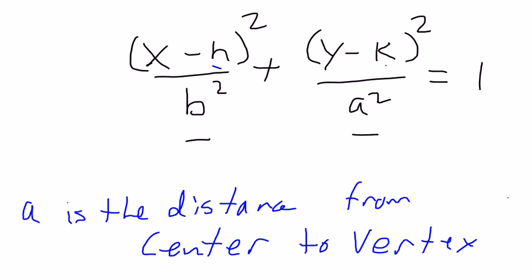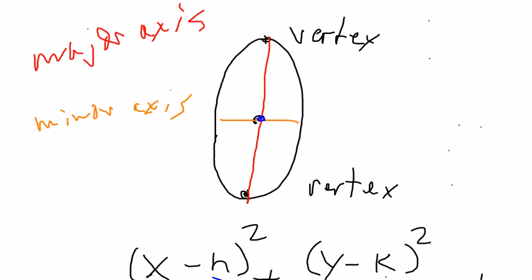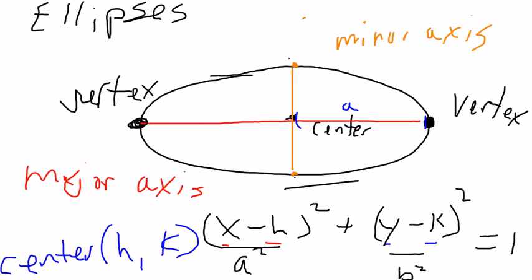A is the distance from your center to your vertex. And that's here, from my center to my vertex, this is A. Up here, it's from here to here. This distance is A.